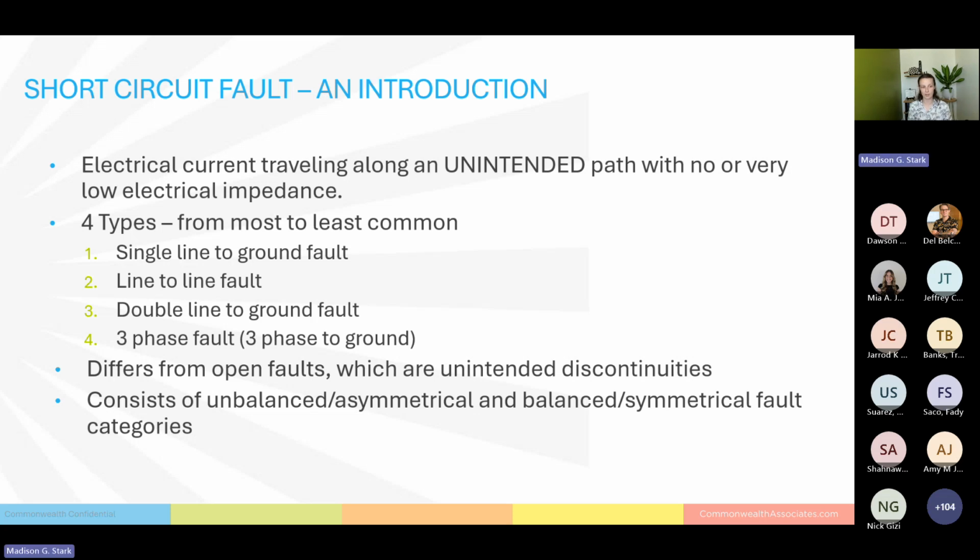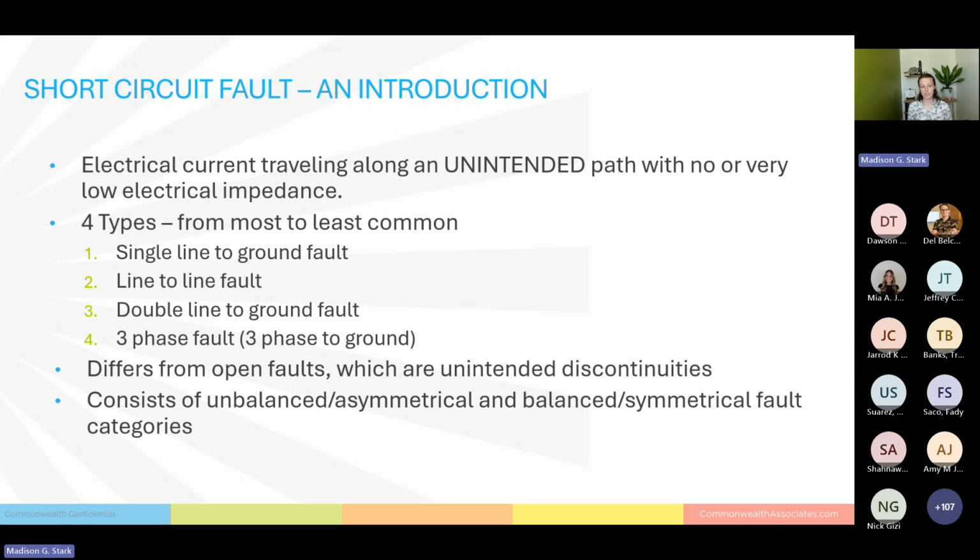Key points of this definition are that the electrical current from your circuit is traveling on a path that you do not intend for it to travel on, hence the fault, and that this path is of a lower impedance or resistance to ground than the rest of the circuit. There are 4 main types. In order from most to least common, you have a single line to ground fault, a line to line fault, a double line to ground fault, and then a 3-phase fault or 3-phase to ground. We'll get into each of these a little bit later.